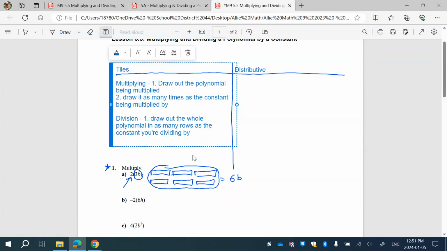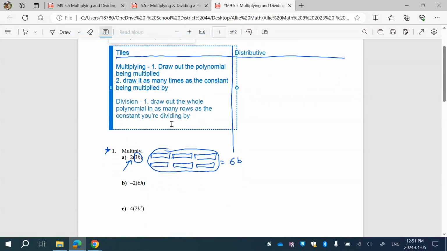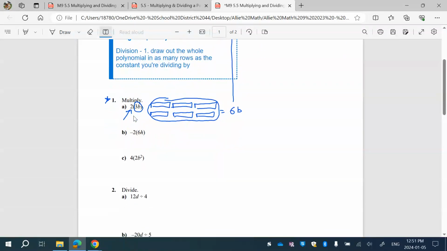Okay, so I'll demonstrate that down here. So you need to draw out the whole polynomial in as many rows as the constant you're dividing by.